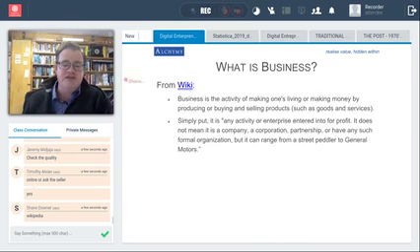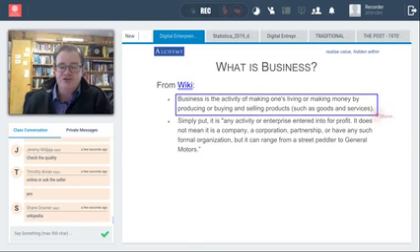Business is the activity of making one's living or money by producing or selling products and services such as goods and services. Okay, that's what business is. Any activity or enterprise entered into for profit.